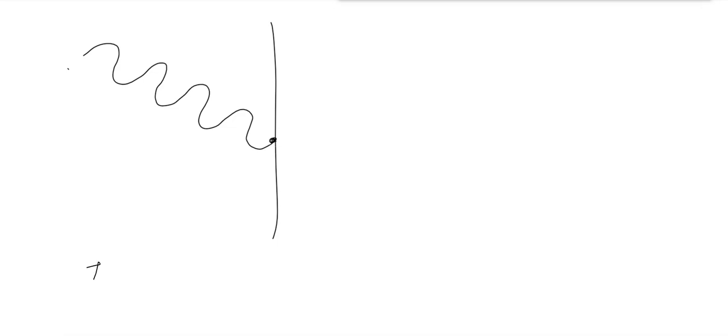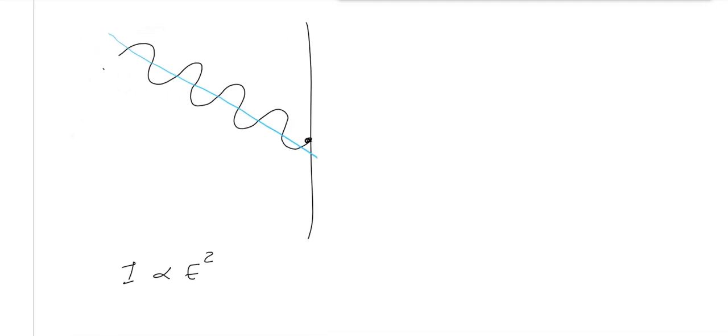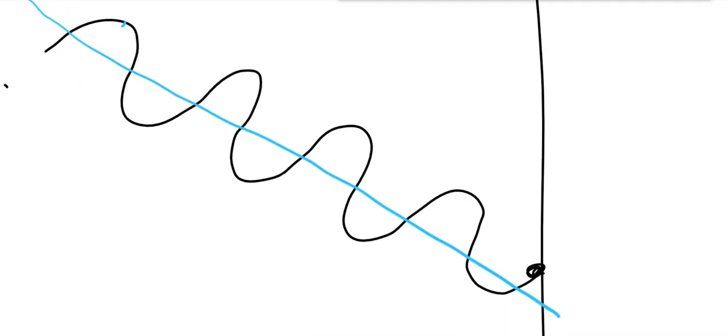In case of light, light intensity is directly proportional to square of electric field. If I consider that this is the amplitude, it is denoted by E. At any given point of time, the electric field intensity is denoted by small e. So what is capital E? Maximum electric field. You may say amplitude. What is small e?